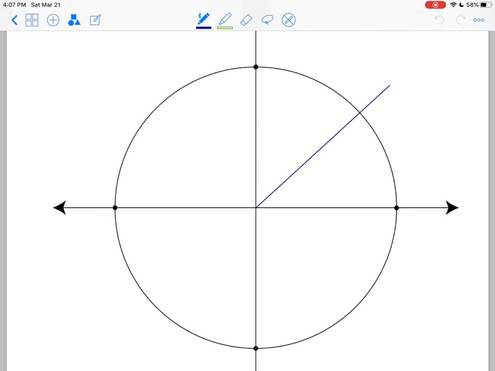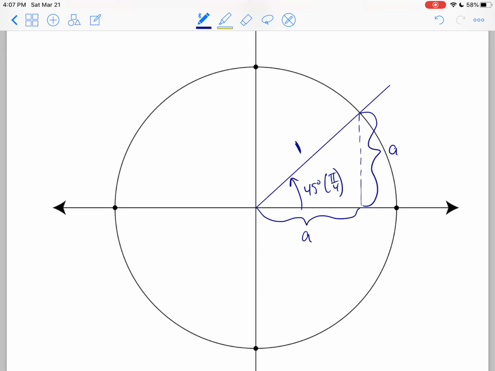So now let's do sine of pi over 4. Now pi over 4 is the same thing as 45 degrees, pi over 4 radians. And at this point on the unit circle, this height right here and this width right here are actually the same length. So let's call this a, and this a as well, because they're the same.